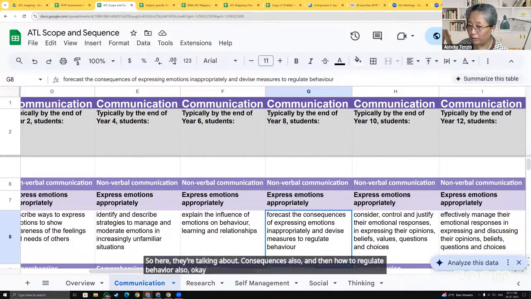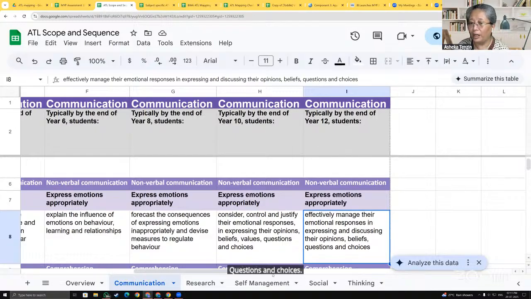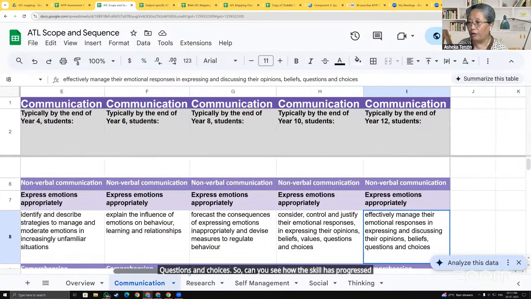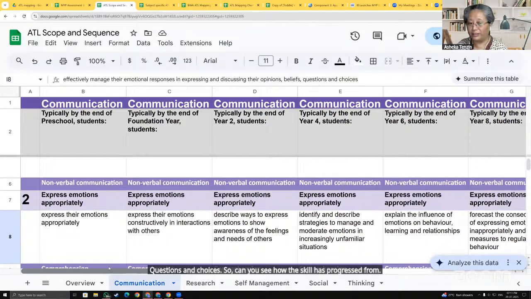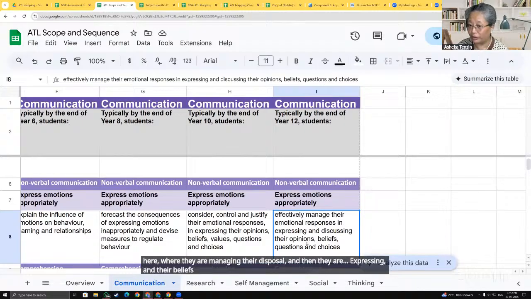When they are expressing emotions appropriately, over here, effectively manage their emotional responses in expressing and discussing their opinions, beliefs, questions, and choices. Can you see how the skill has progressed from preschool, where they are just expressing their emotions appropriately, till here where they are managing their responses, and expressing their beliefs, opinions, questions, and choices?